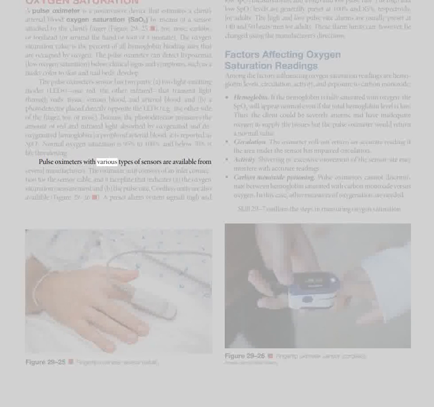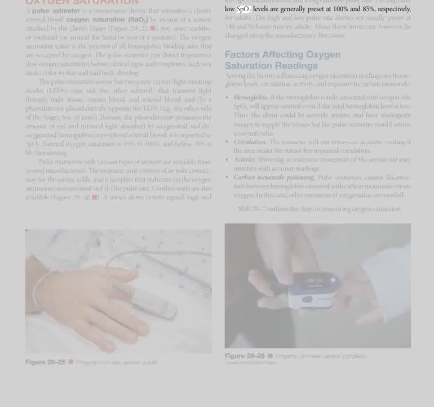Pulse oximeters with various types of sensors are available from several manufacturers. The oximeter unit consists of an inlet connection for the sensor cable, and a faceplate that indicates A, the oxygen saturation measurement, and B, the pulse rate. Cordless units are also available, Figure 29-26. A preset alarm system signals high and low SpO2 measurements and a high and low pulse rate.